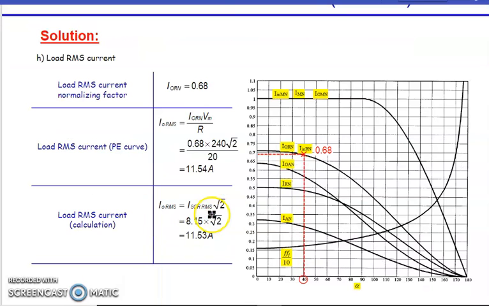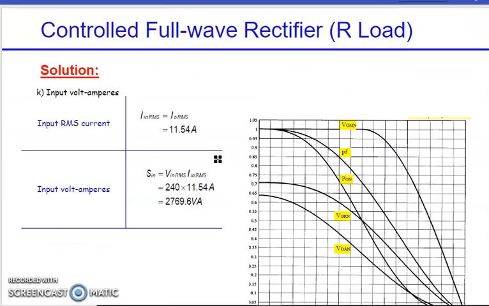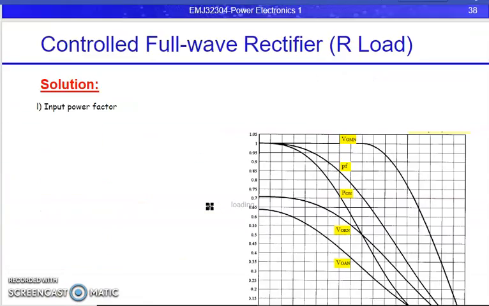You can see here the normalized factor of 0.68 times the V peak divided by the system value, so we get 11.54 ampere. The volt ampere is equal to V in RMS times I in RMS. V in RMS is 240, so we get 2769 volt ampere. This is our input volt ampere.